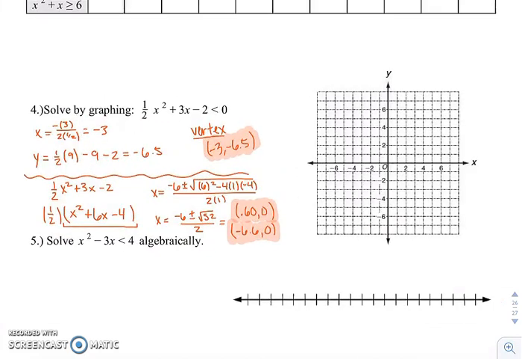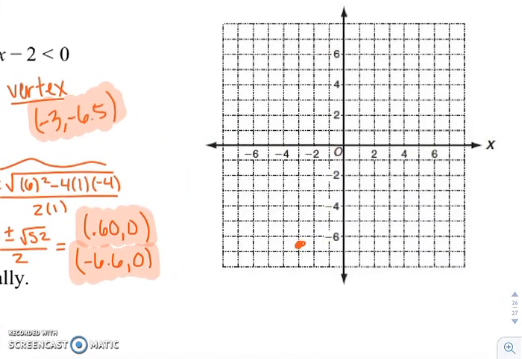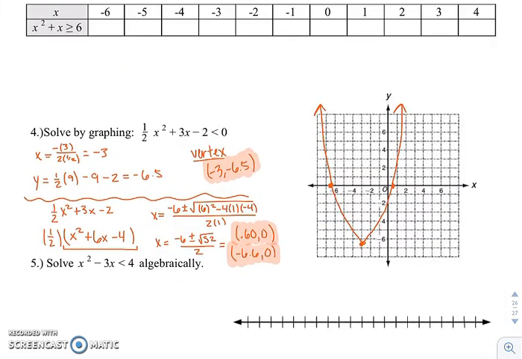So let's graph those. So positive 0.6, so kind of in the middle. And then negative 6.6. And I should probably try to make it come off of the graph. There we go. Okay, so it's less than 0.